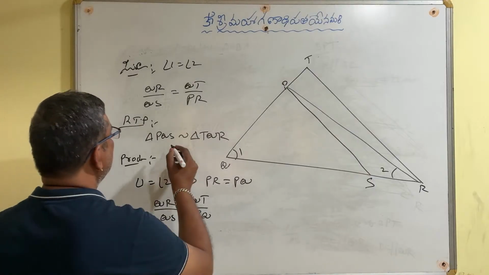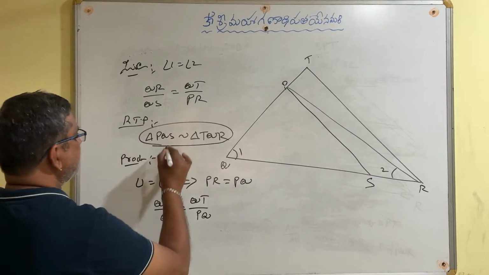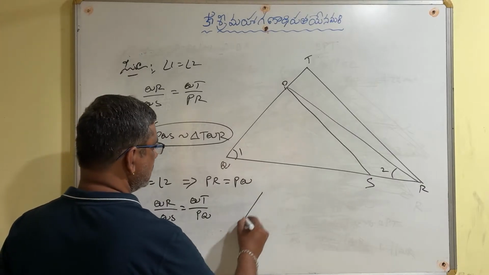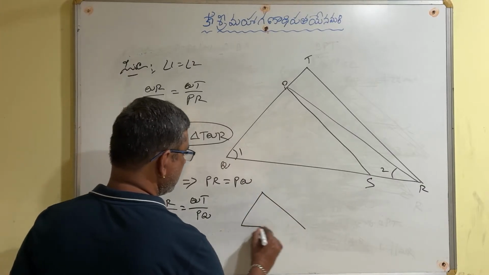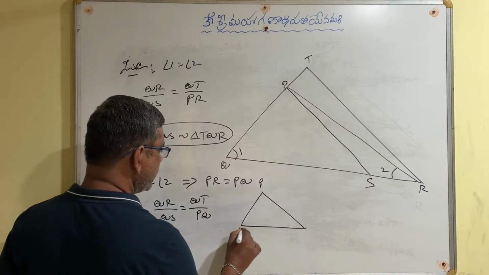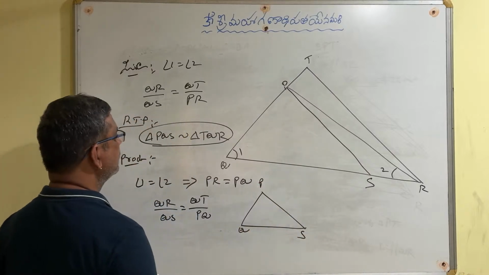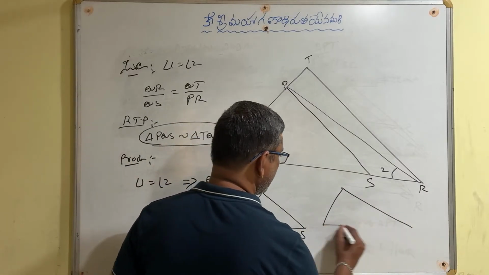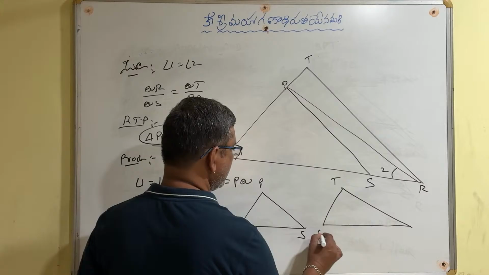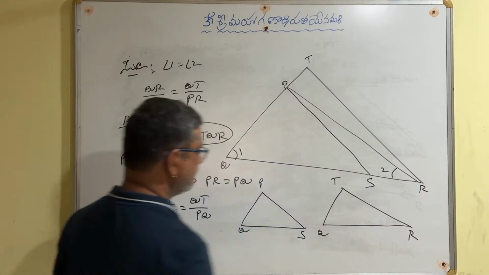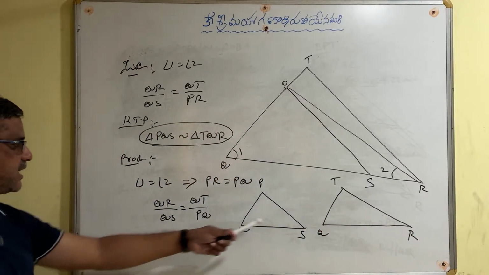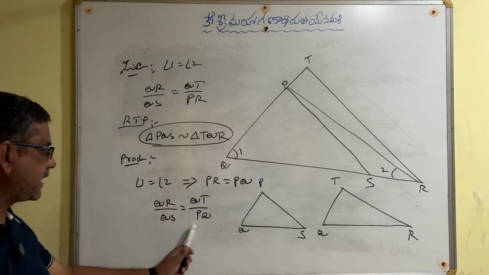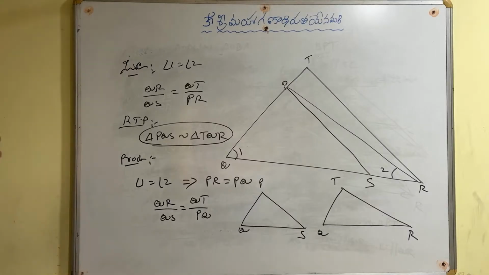Now draw these triangles separately: PQS and TQR. Now try to see this ratio in these two triangles.